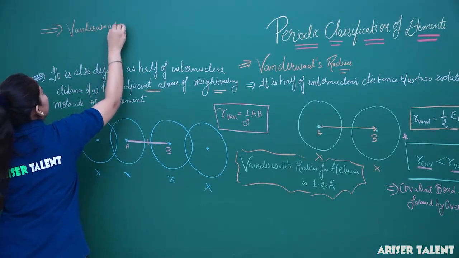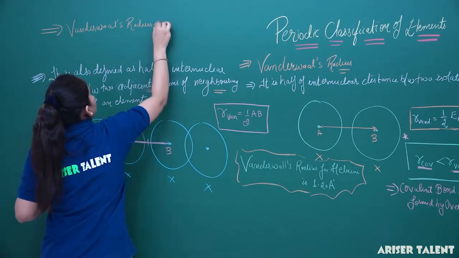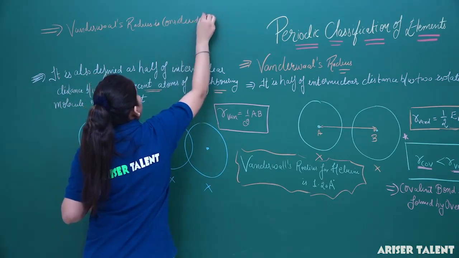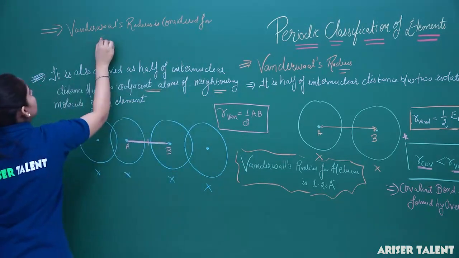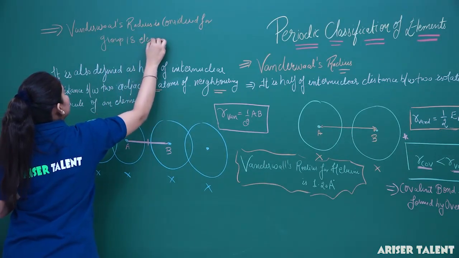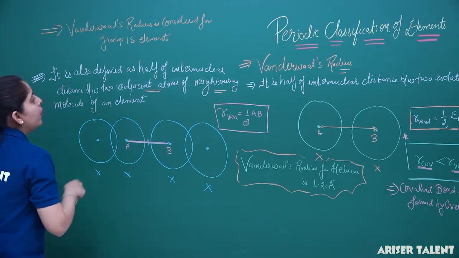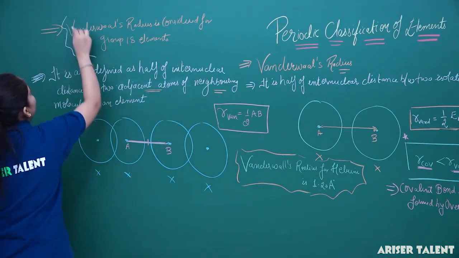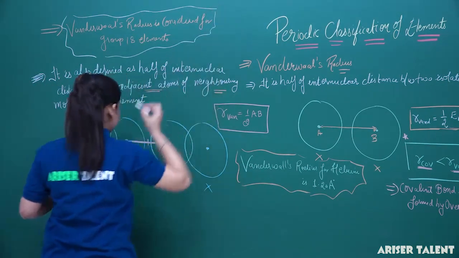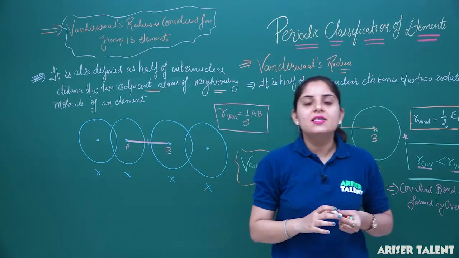Van der Waals radius is considered for group 18 elements. Group 18 elements generally show the van der Waals radius. So this is about the van der Waals radius we have discussed here.